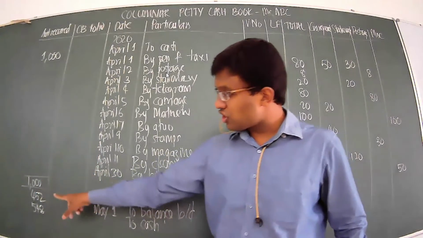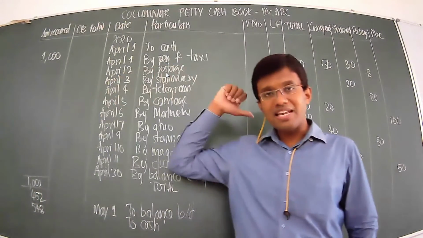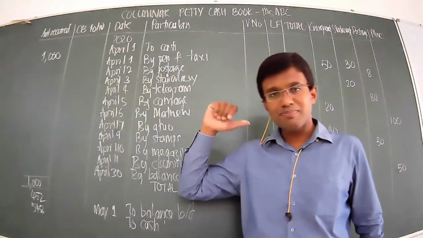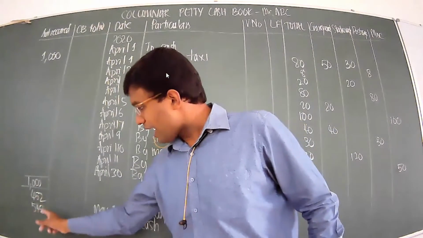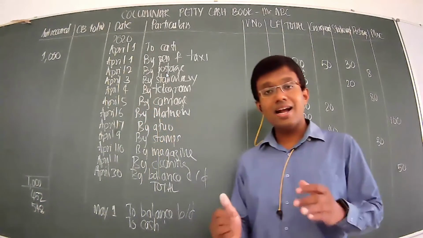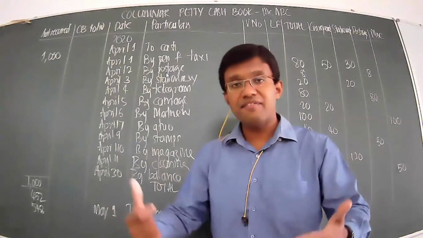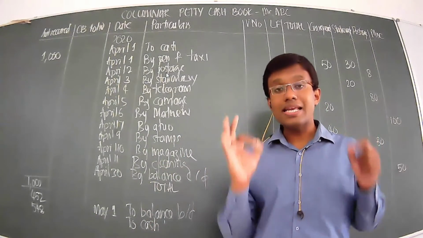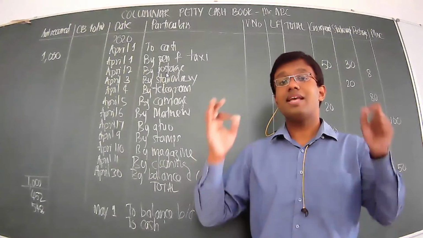So what is the rationale? 452 was your previous month's cash balance. 548, that is the amount that the chief cashier is giving you. So the chief cashier will basically reimburse your previous month's expenses.